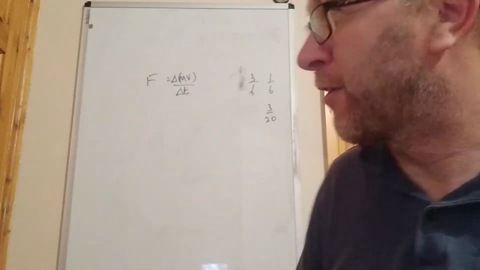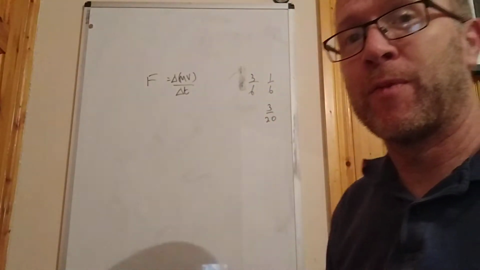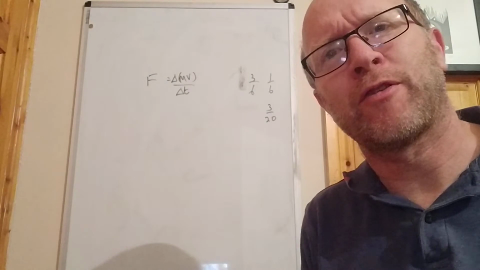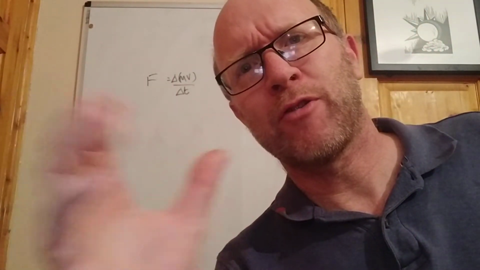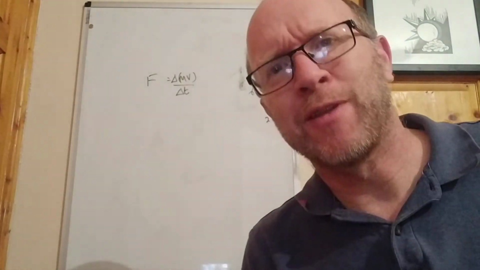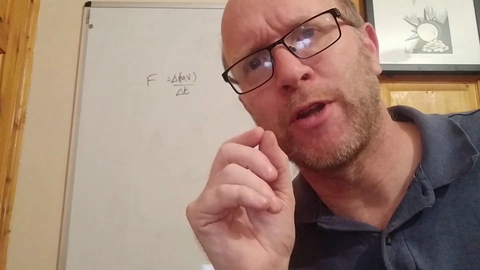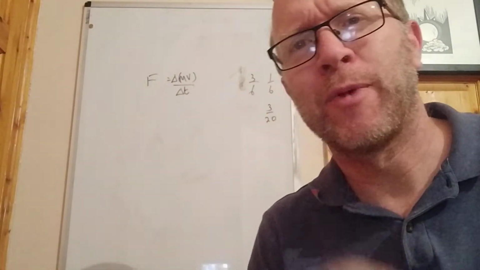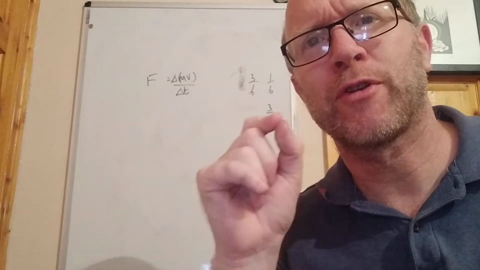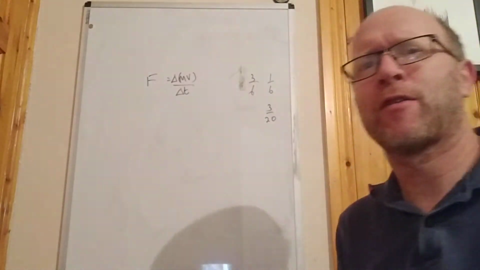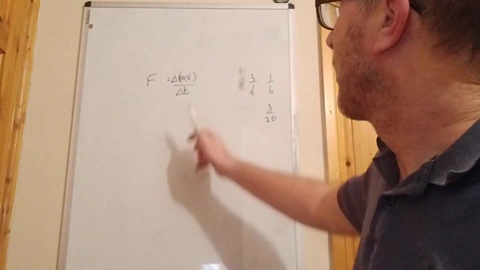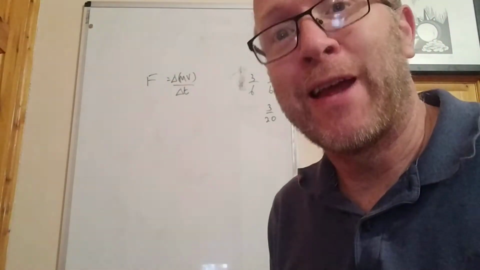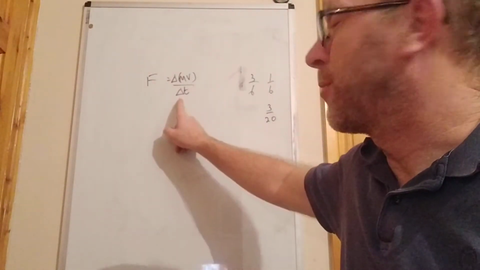So that's usually not a factor, but the factor you can affect is the time. When you're catching a ball, remember what you do, you bring your hand back as you catch the ball, so you increase the time. If you want to decrease the force, you increase the time, because force is inversely proportional to time. That's the one you have to watch. If you want the force to be large, you want the time to be small.